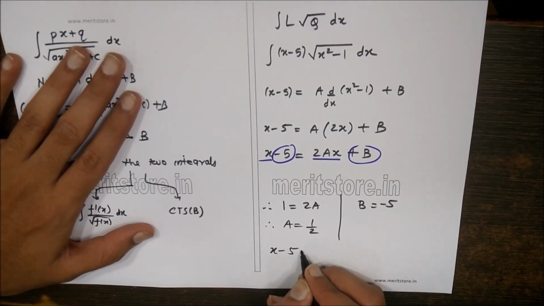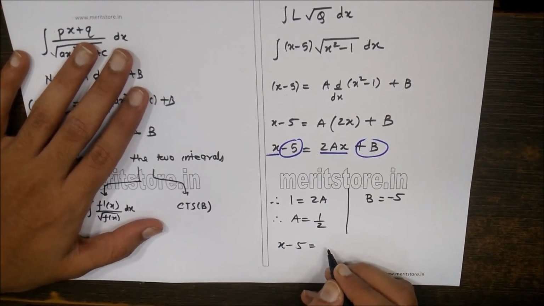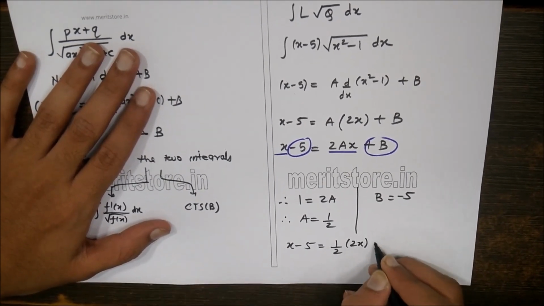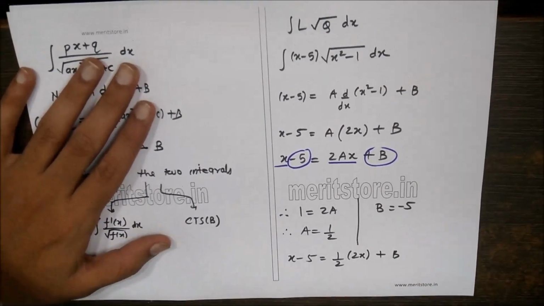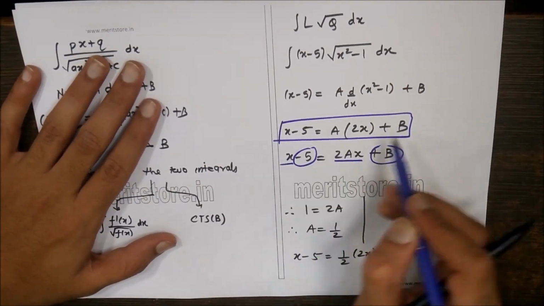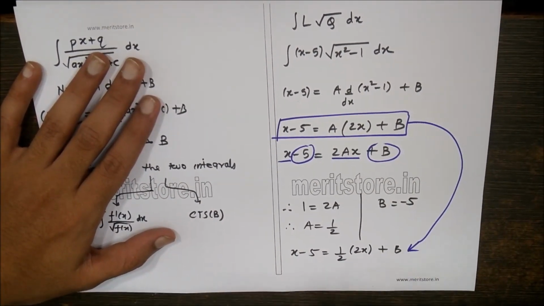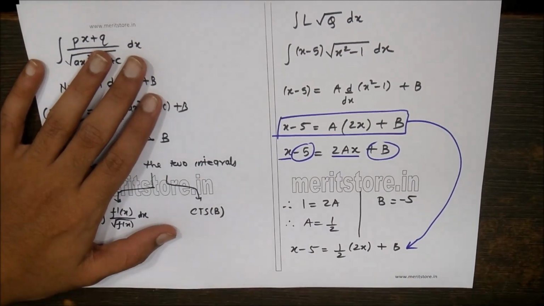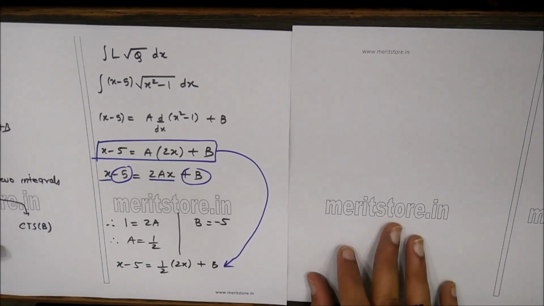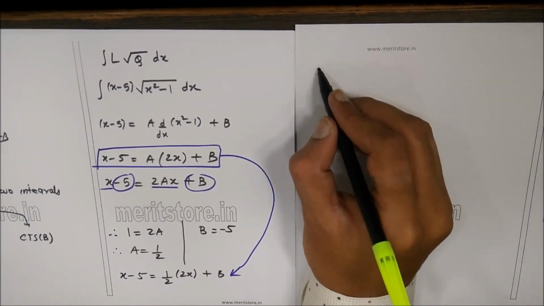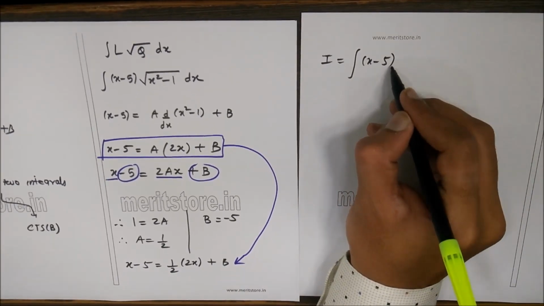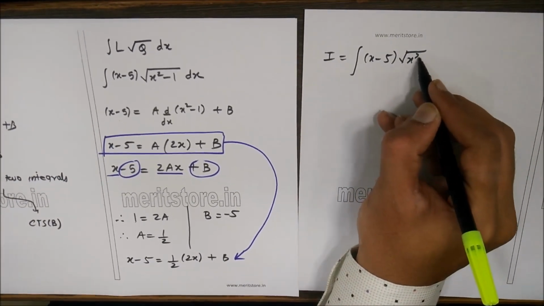x minus 5 can be written as 1 by 2 into 2x plus b. I'm writing this step in this fashion. Continuing further, our sum will now convert into integral of x minus 5 into root of x square minus 1.